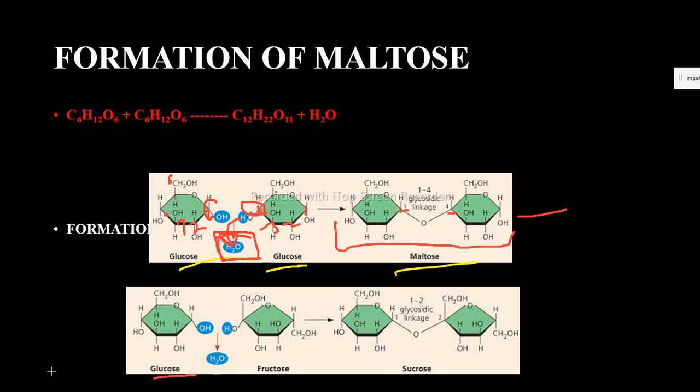Similarly with fructose, when you are forming sucrose, the glucose molecule is going to condense with the fructose molecule, and what is formed is sucrose, and a 1,4 glycosidic bond is going to link the two molecules together, forming the sucrose.